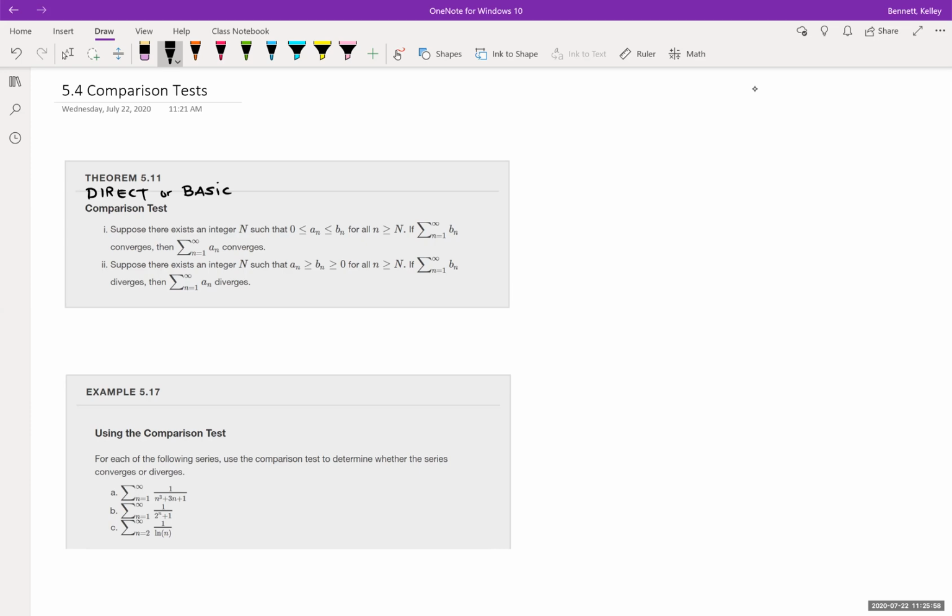So the key here is coming up with then a second sequence. So if you suspect that your series converges, you want to find a second convergent series such that the sequence from Bn is bigger than An.